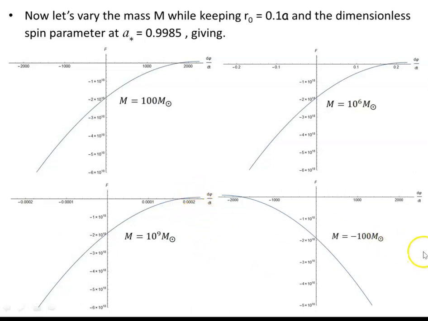Now, if we were to take m as a negative value, I'm referring here to exotic mass, negative mass, exotic material, we still get a whole lot of time-like curves. All it does is reflect the graph about the f axis, and what we get is still a whole number of values where our curve is time-like.